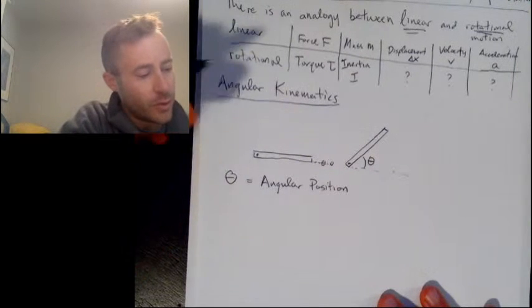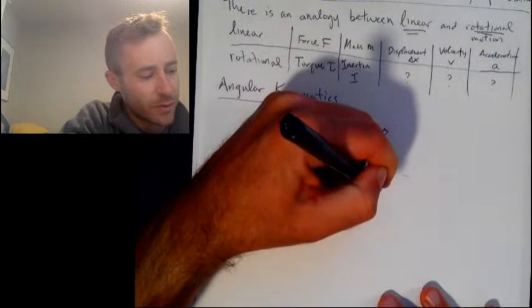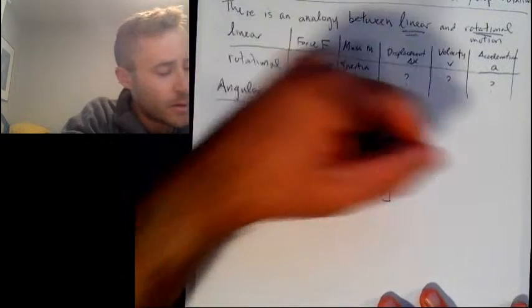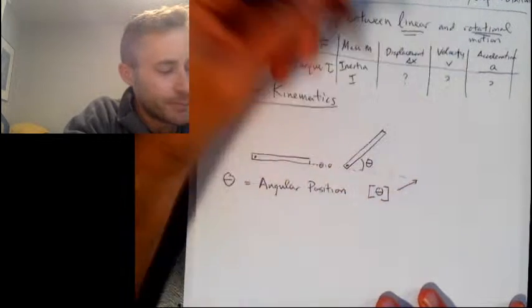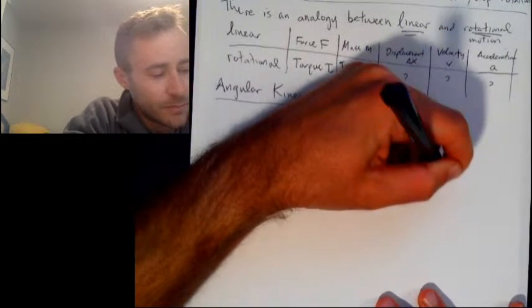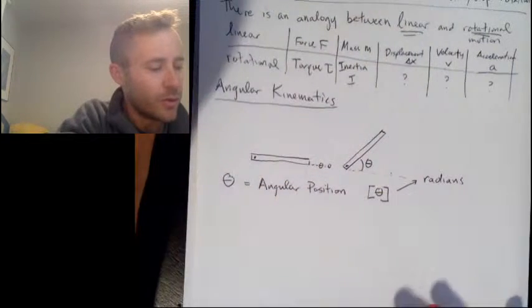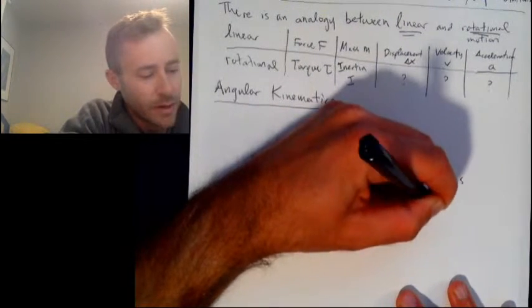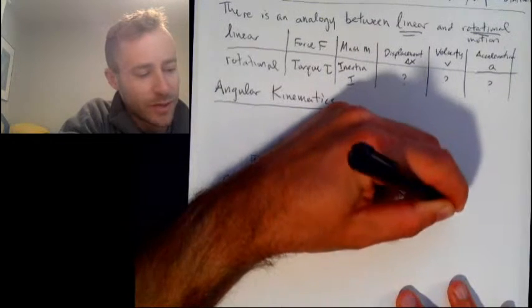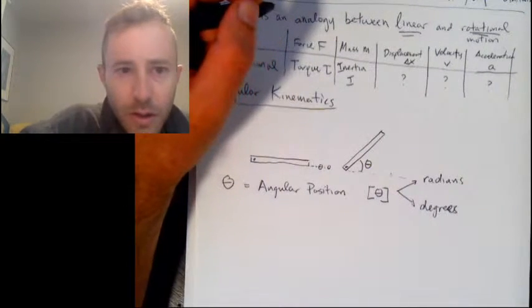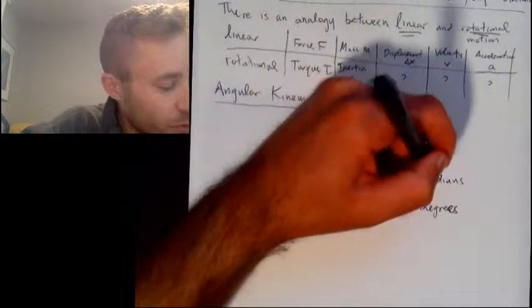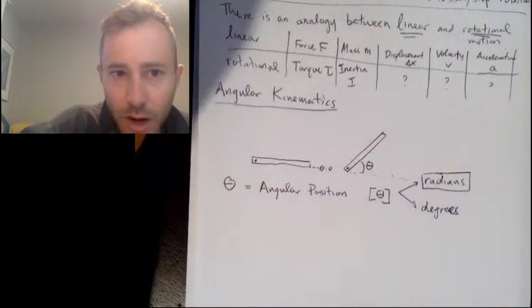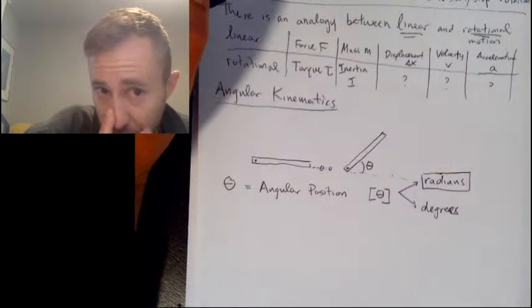So the units, you can use lots of different units for angular position. You could use radians. You could use degrees. And this is actually the only part of the class where we will use radians. Okay, we will use radians to describe angular position.